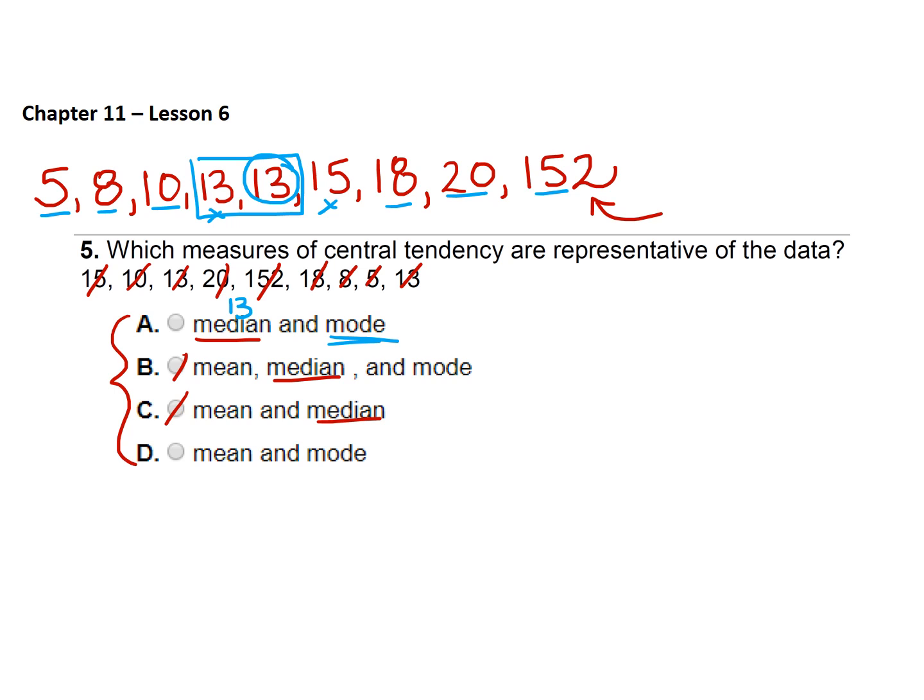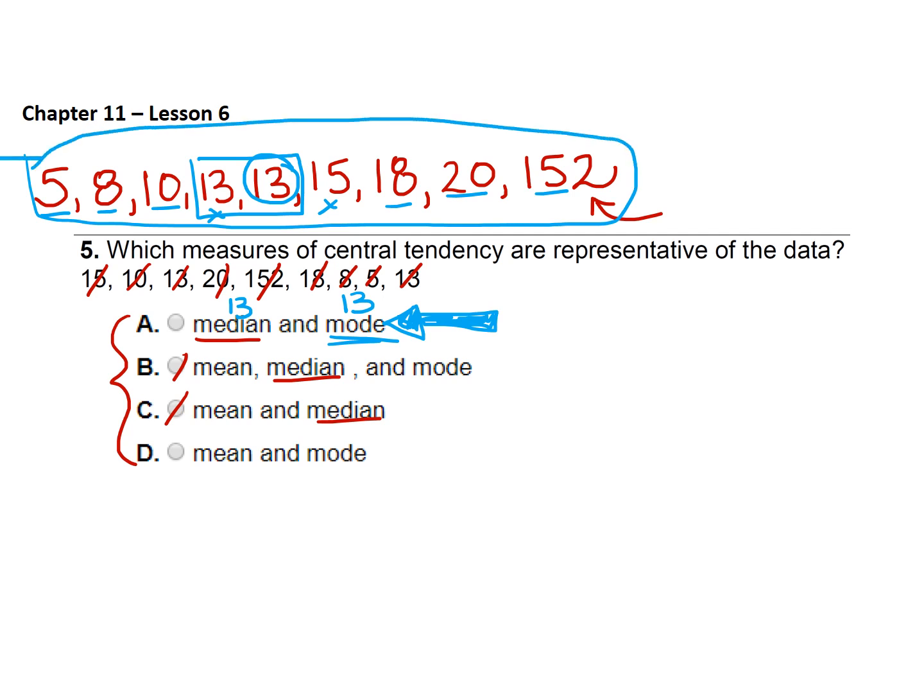So because they match, the median and the mode are the best answers for this. Now you could figure out what the mean is by adding up all of these values and then dividing. But I think by doing all these exercises, you can realize that 152 is really going to skew your mean. Okay, and there you have it.